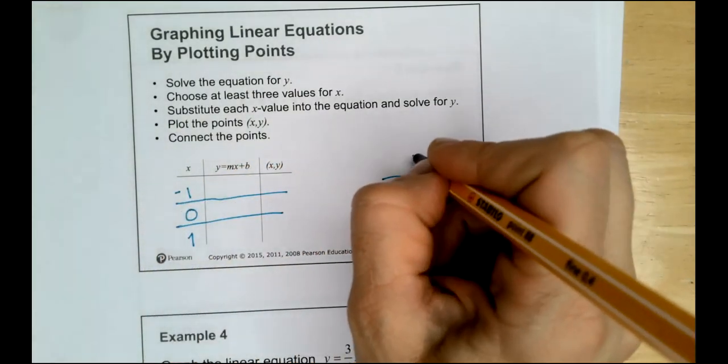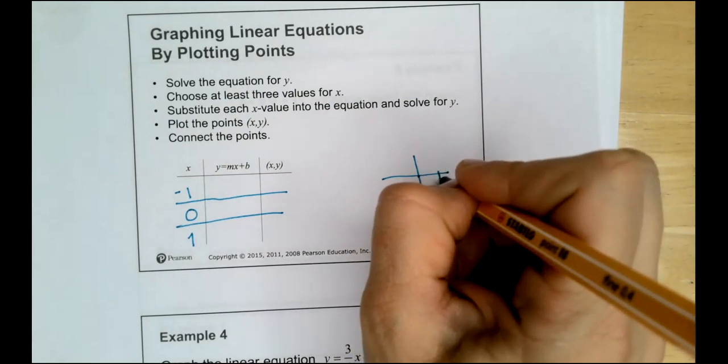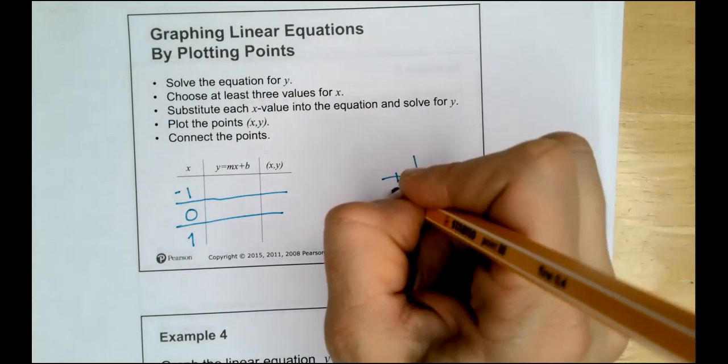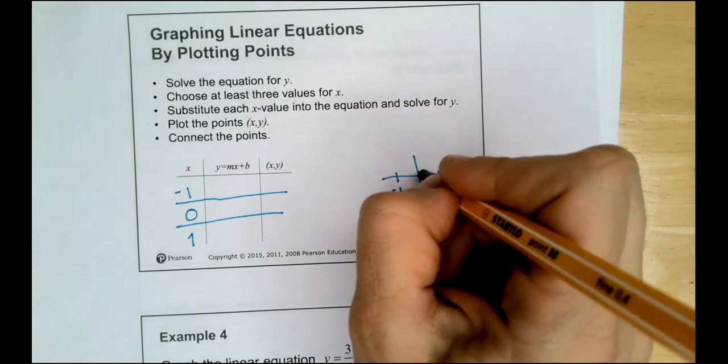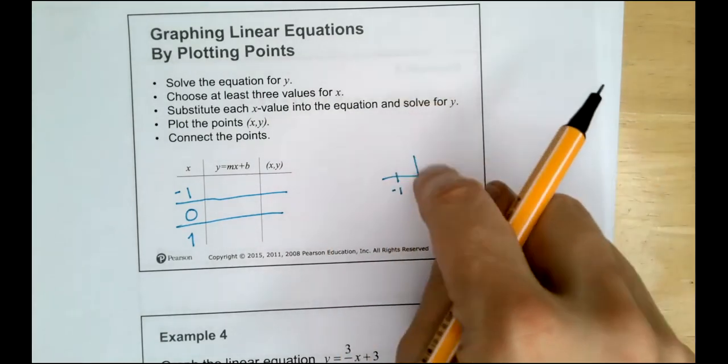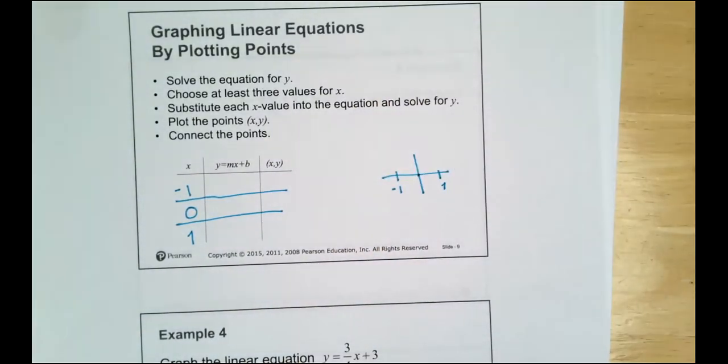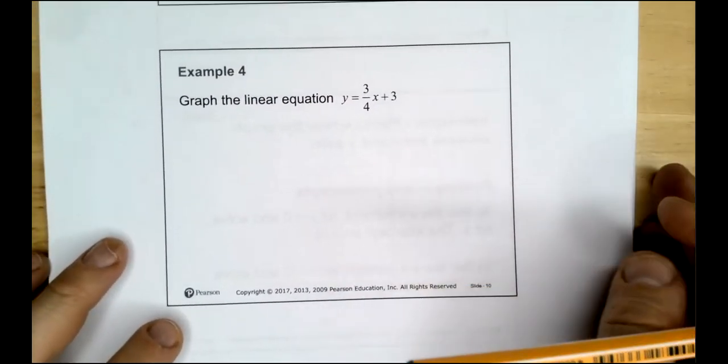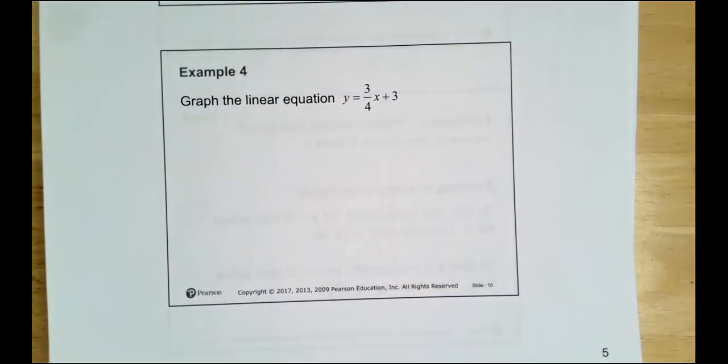So if I think about my x-axis, here's x equals 0, here's x as 1, here's x as -1. So if I plot 0, 1, and -1, I'll be able to see what it's doing on both sides of that origin. Good? Okay.